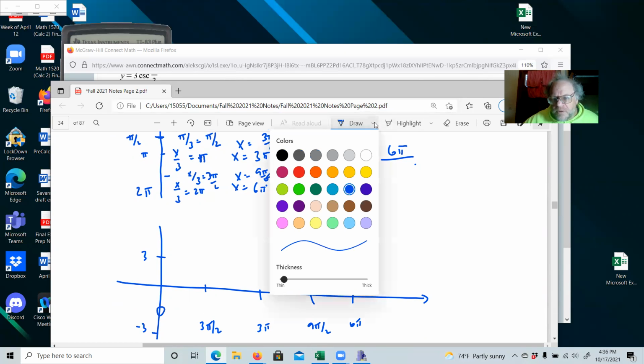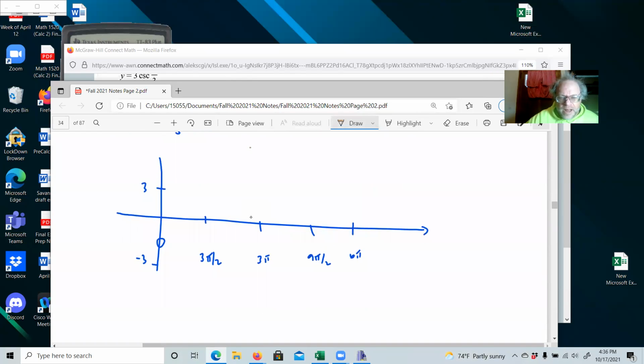So I'm going to dot this in. Here's our sine that I'm dotting in. Where are the asymptotes? The asymptotes are where we said it was 0. Here's an asymptote, here's an asymptote, here's an asymptote.